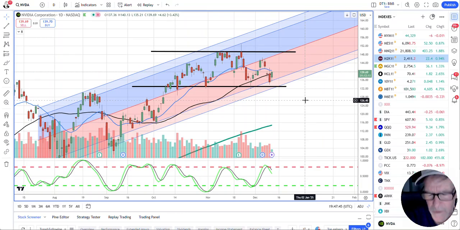Now, there are three problems with NVIDIA that I think are causing this trading range and are likely fully priced in already, but there's a chance that details of these might still come forward and cause some headwinds. We've got China threatening some kind of antitrust regulation on NVIDIA in China.